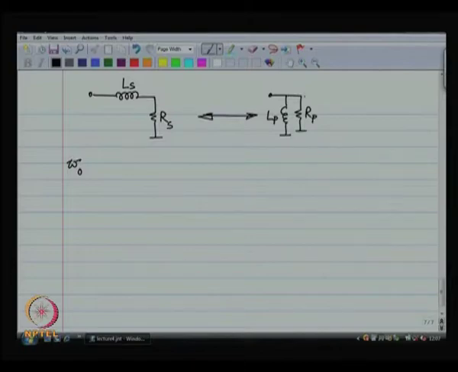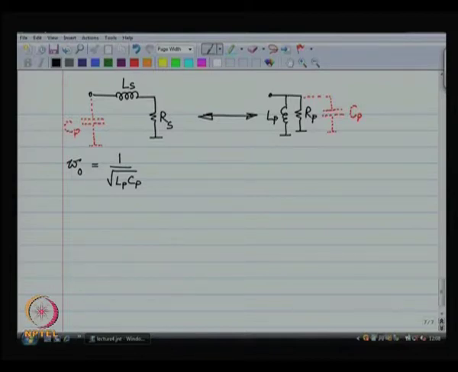Omega 0 so happens to be the resonant frequency of Lp with Cp, which is not yet there in the circuit, but I am going to choose omega 0 to be the resonant frequency of Lp and Cp.